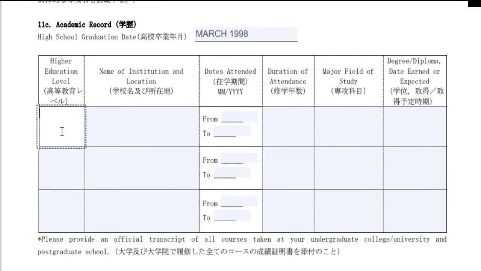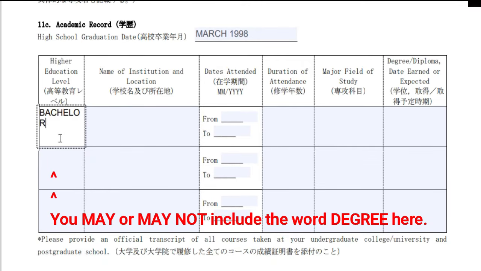So if you went to the university to earn your bachelor's degree, and then you also have your master's degree, and then doctorate if you finished your doctorate degree. Otherwise, you can just have the bachelor's degree if you haven't finished your master's yet, or your doctorate.